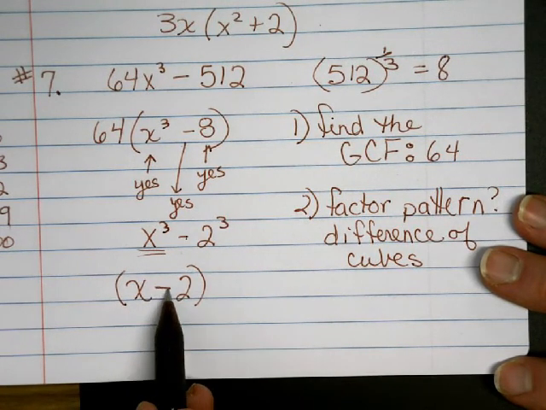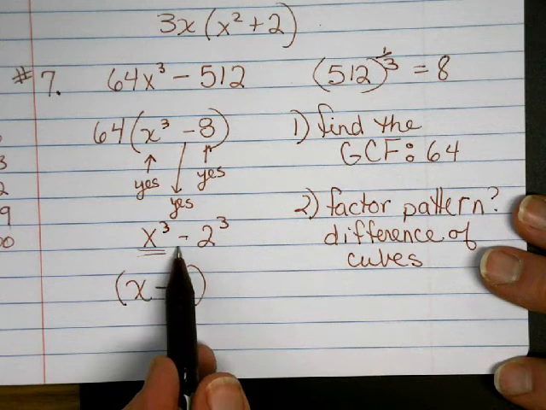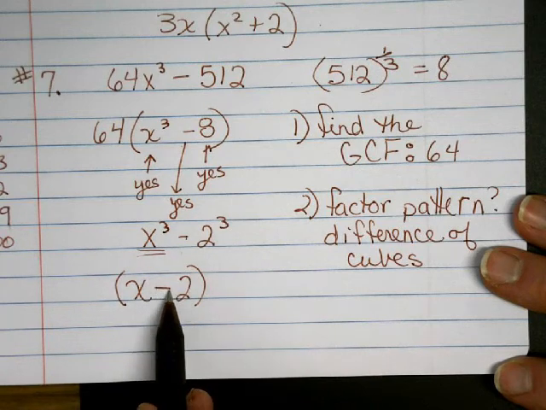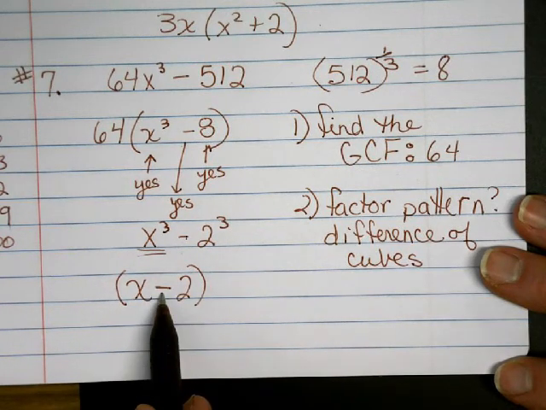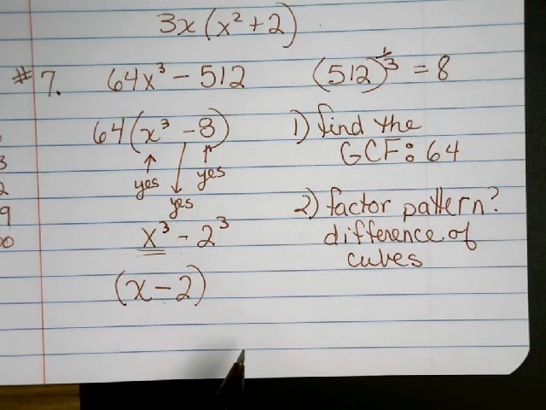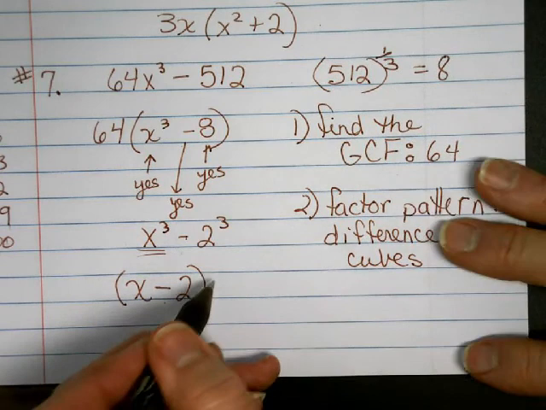Even if you're summing cubes, there's one subtraction sign, but it's not here. When you're taking the difference of cubes, there's a subtraction sign to start off because these two should match. And then the rest are pluses.